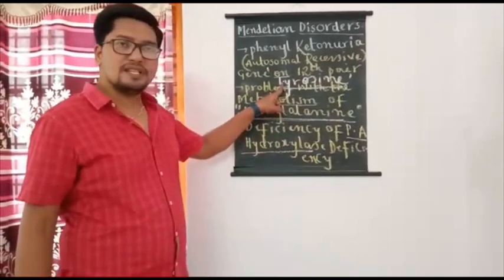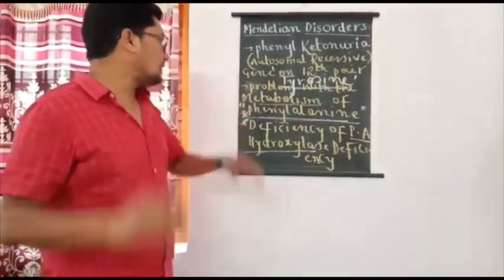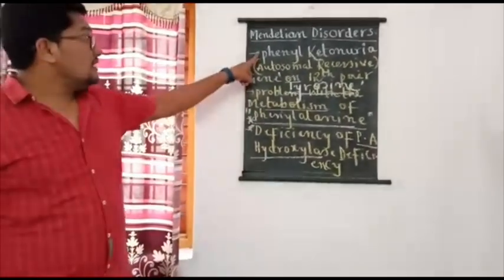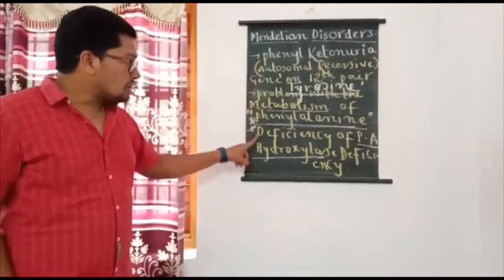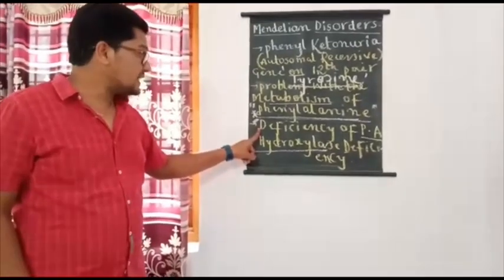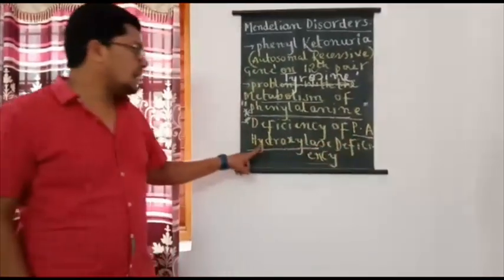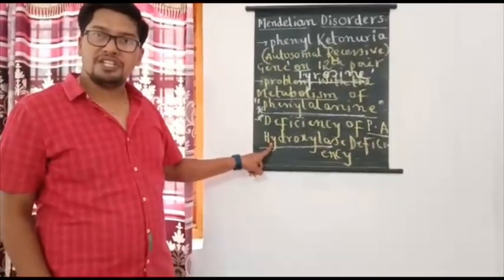Then this tyrosine is utilized by our body cells and tissues. So always remember, phenylketonuria is caused due to the deficiency of an enzyme. Which enzyme? Phenylalanine hydroxylase enzyme deficiency.